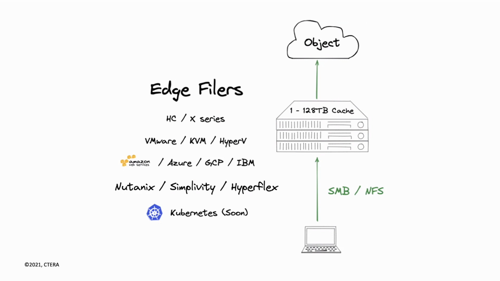You can run them on hyper-converged platforms, Nutanix, SimpliVity, HyperFlex, and soon we're going to have the Kubernetes edition, which will allow you to connect Kubernetes clusters into a global file system. So that will be very interesting, and I'm sure we will talk about this more in the next few months.